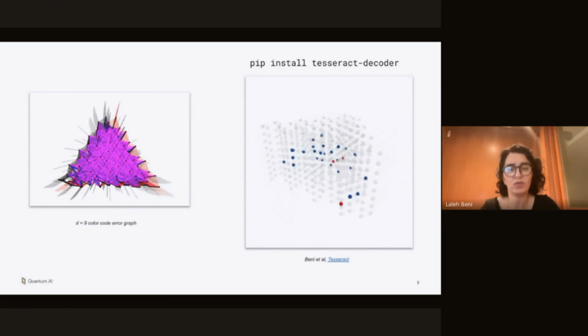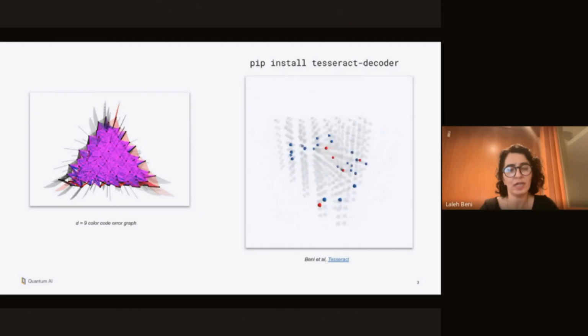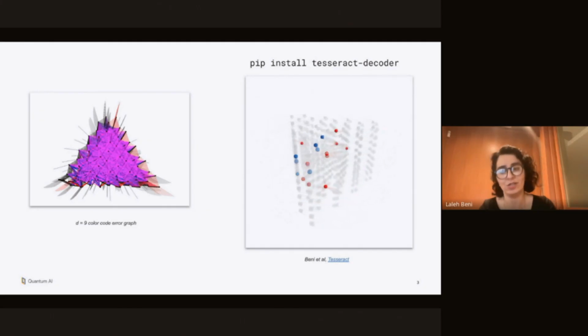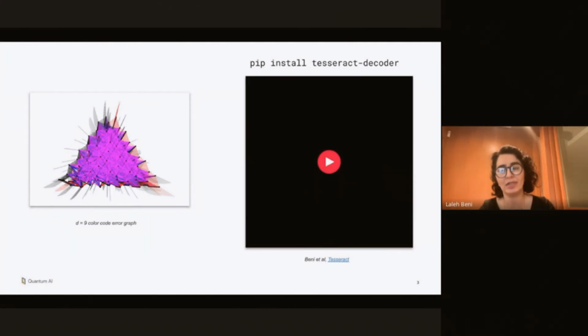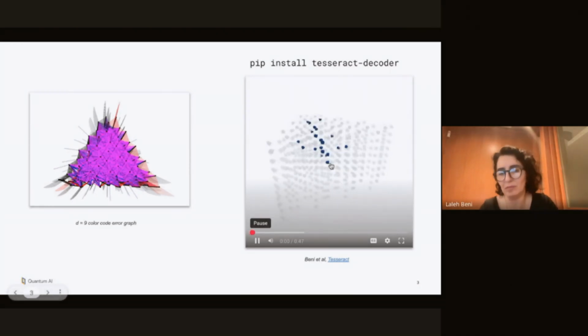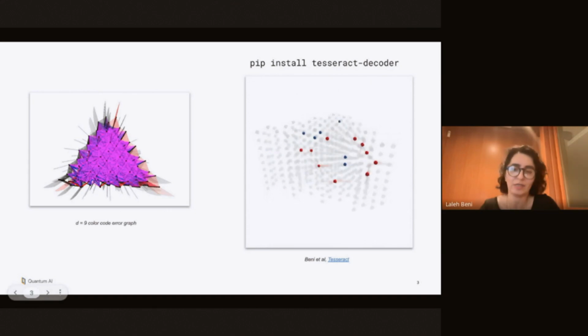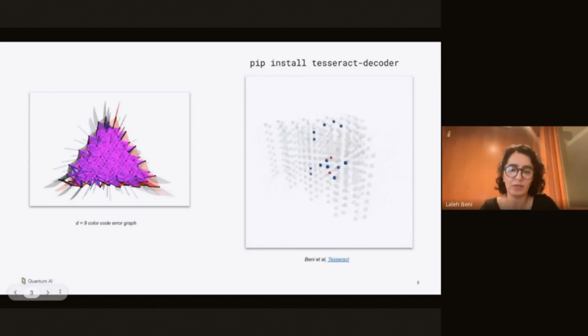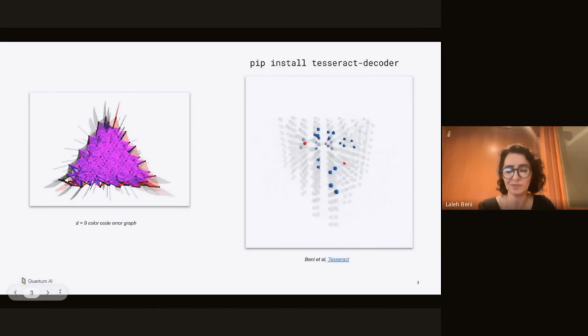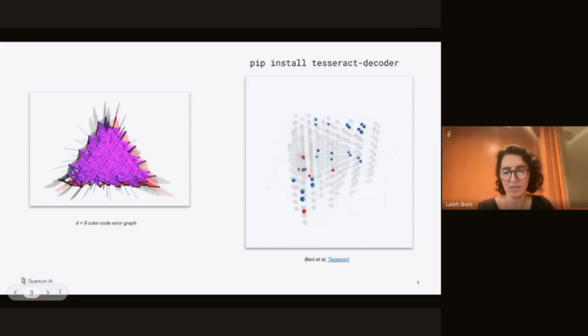In this visualization, the red edges or hyperedges show the errors that are active at that moment, and the blue ones are the detectors on that slice of the decoding process, and it's pretty fast.